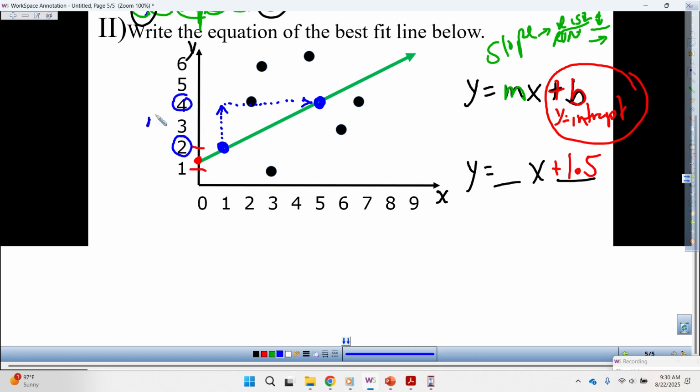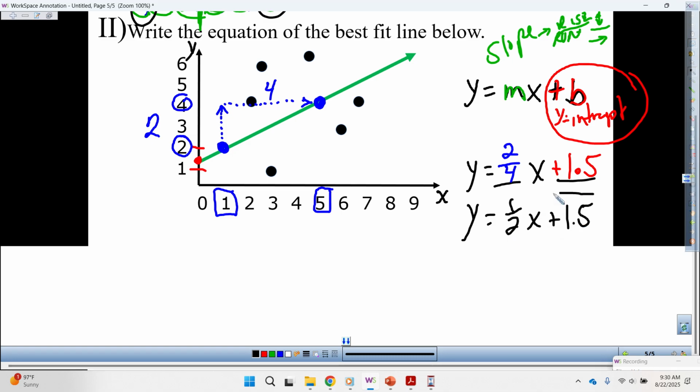That's 2 steps. I make a right turn. Here I'm at 1, and I have to go all the way up to 5. So how many steps? 4. That means my rise is 2, my run is 4. And then we just simplify, which is y equals 1/2 x plus 1.5.